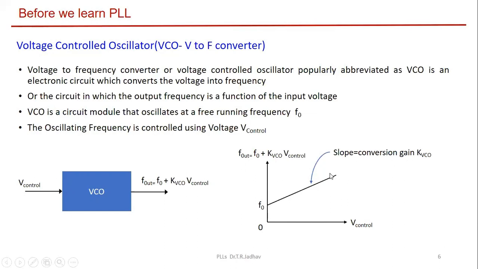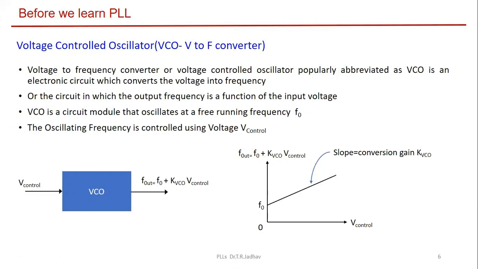The slope of this characteristic is basically the conversion gain. The more this factor, the more the slope. So what will be the unit of this KVCO? Can you find out? It is F out divided by V control, so it is F by V, that means frequency by voltage.